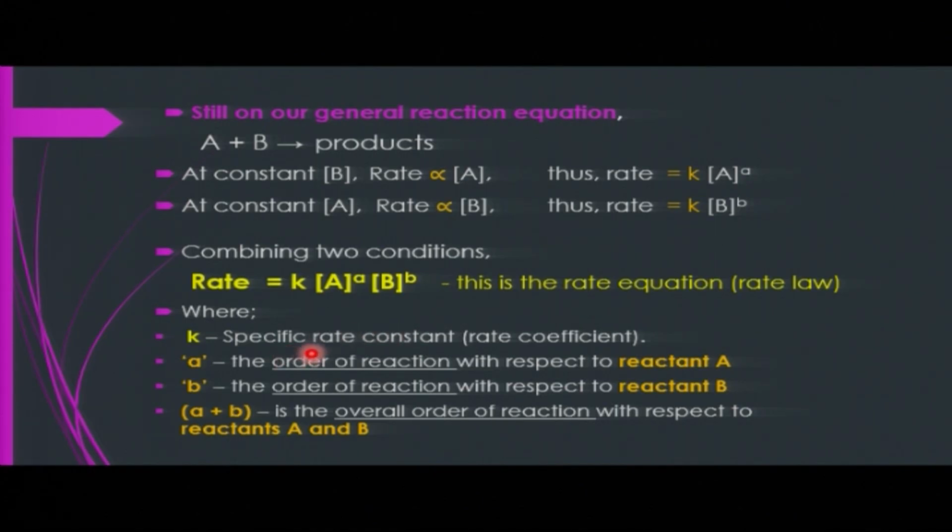I've already mentioned k as the rate constant. So a is the order of the reaction with respect to A, and b is the order of reaction with respect to B. Overall order is when you add those orders per reactant.